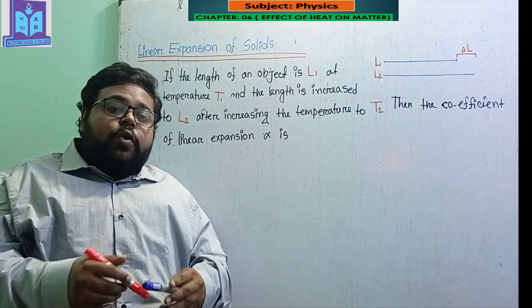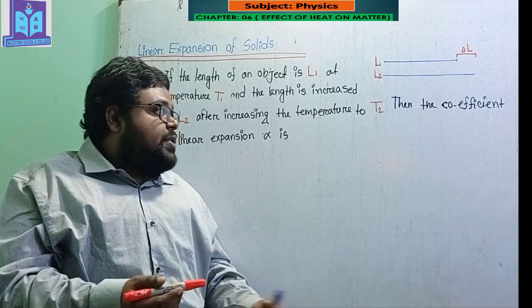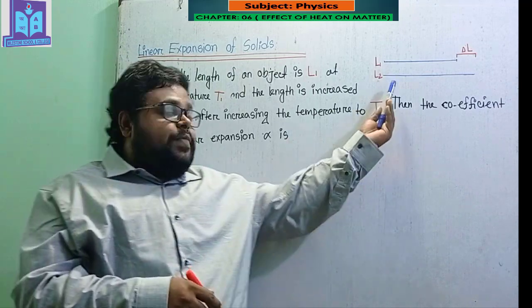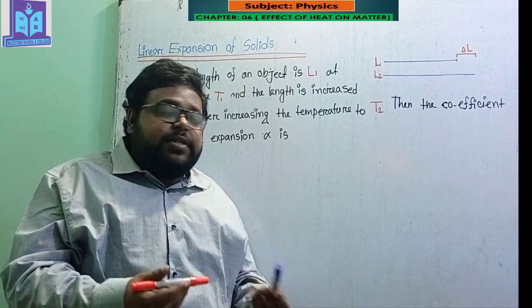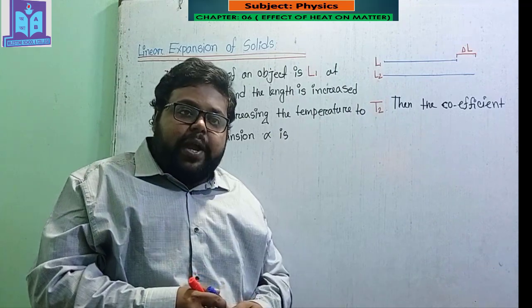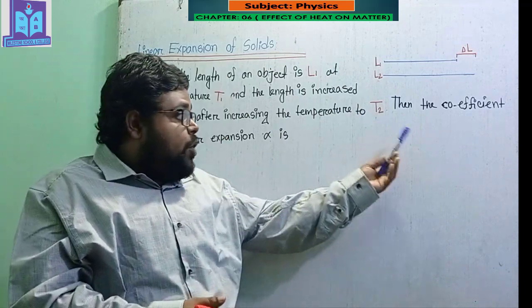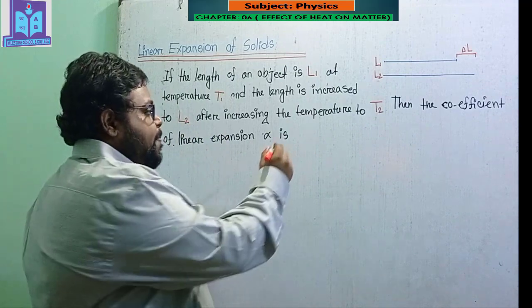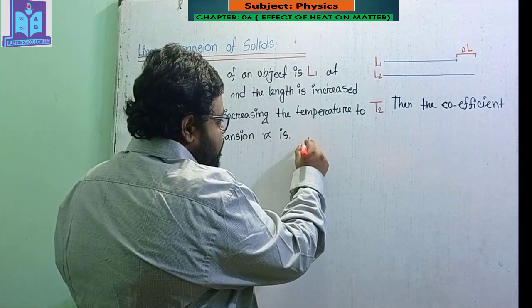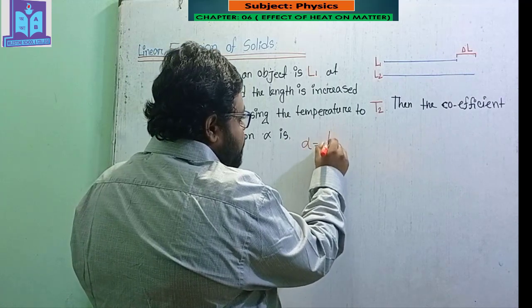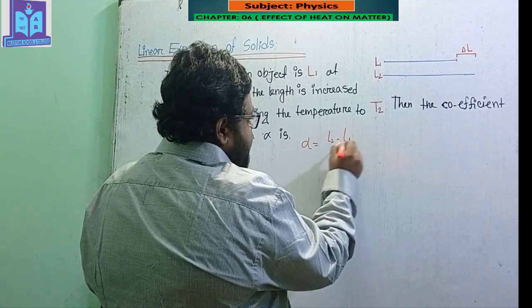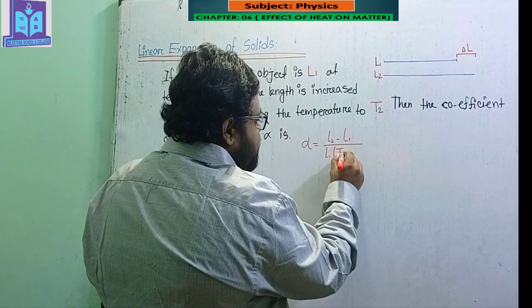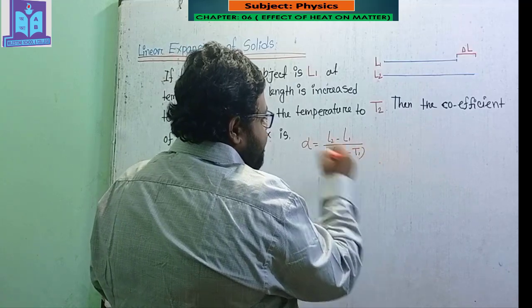Then the coefficient of linear expansion alpha equals L2 minus L1 divided by L1 into T2 minus T1.